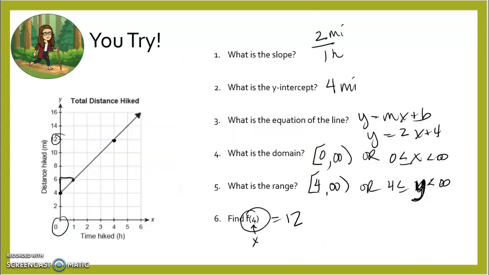And that's it. Okay. So a lot of people may be wondering, it says the y-intercept is 4 miles. And why would we, at 0 time hiked, be saying we've already gone 4 miles? That's not really what that means. If you think about it, I live near the W&OD trail. I don't know if anyone knows about that trail, the Washington and Old Dominion Trail, and maybe you've come in at like the 10-mile marker.